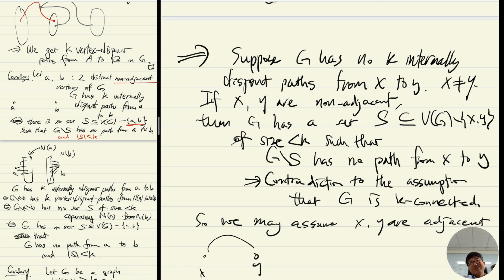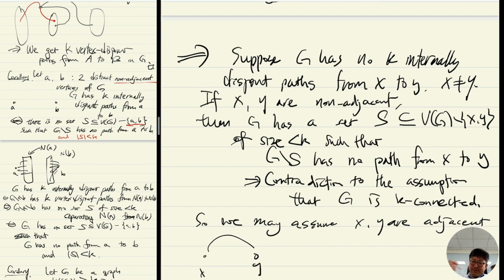But those are actually quite good, because if you do have parallel edges, you can use any one of them as one of the internally disjoint paths. So what can you do? Now what you can do is delete those edges from X to Y.